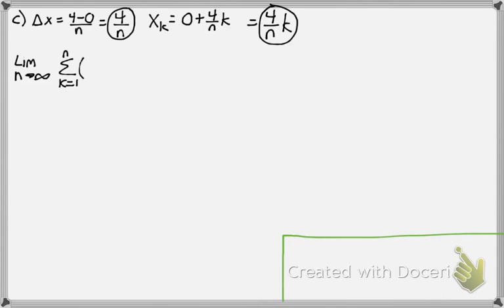I have the function, which is 2x plus 1, but I'm plugging in my x of k value. So it's going to be 2 times, instead of x, 4 over n k, plus 1, times 4 over n.